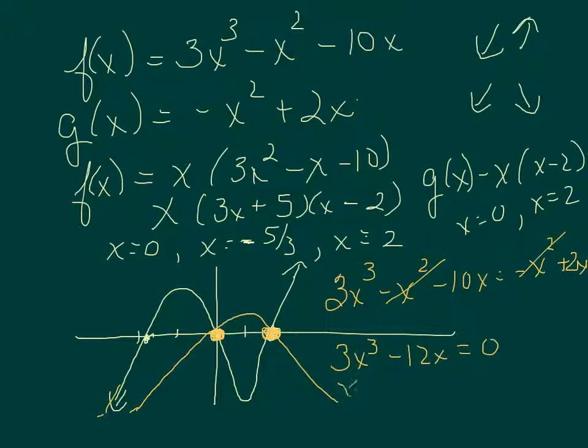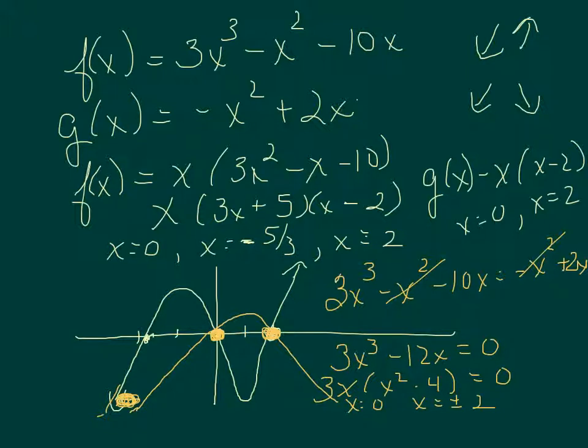So factor out a 3x, and we get x squared minus 4. We get x is 0, and x equals plus or minus 2. Now remember, I haven't drawn this to scale. So right here, when x is 2, is where they also intersect.